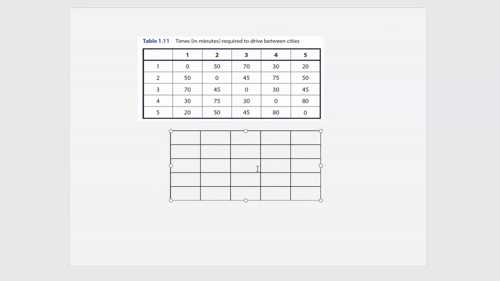For example, 0 is close enough, 50 is close enough, 70 no, 30 yes, 20 yes, and then 1, 1, 1, 0, 1, and then 0, 1, 0.